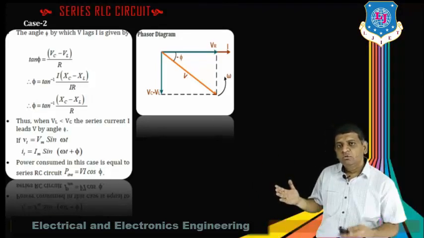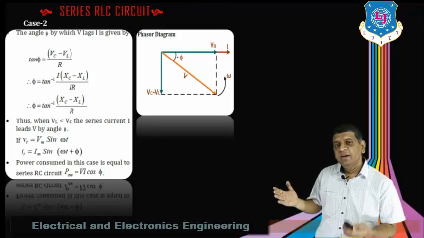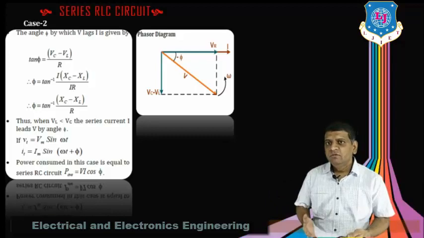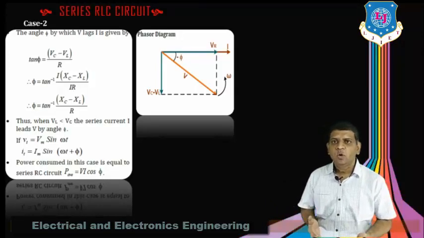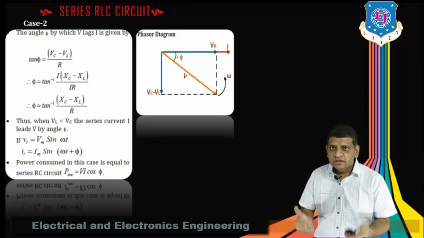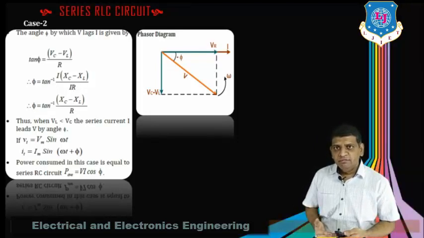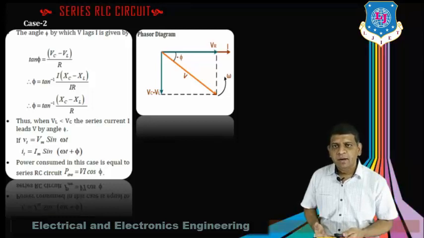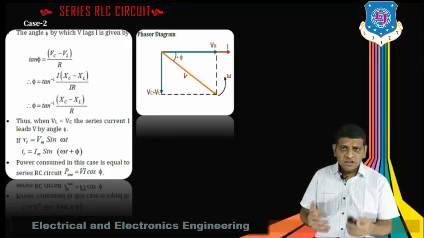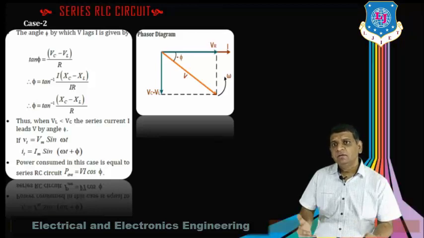Tan phi is equal to (VC minus VL) divided by VR. So phi is equal to tan inverse of (XC minus XL) divided by R, where you can see VC is greater than VL.